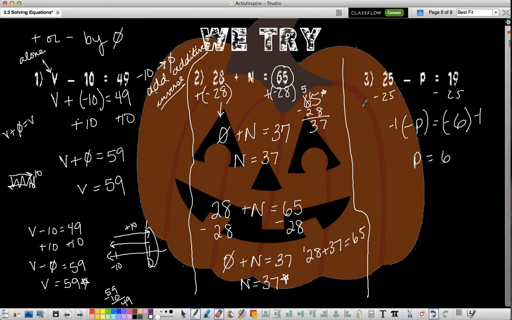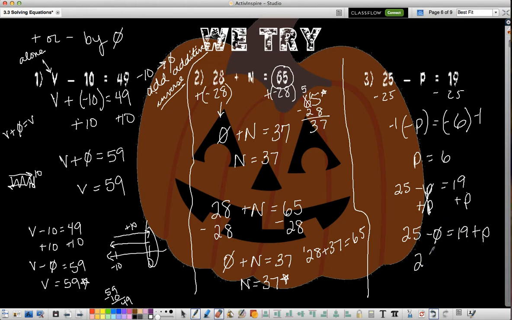Okay. This can be a bit confusing. So let's look at it a little bit less confusing and move the p to the other side. So if I add p to both sides, I get 25 minus 0 equals 19 plus p, because all I did was get rid of it from this side and add it to this side.